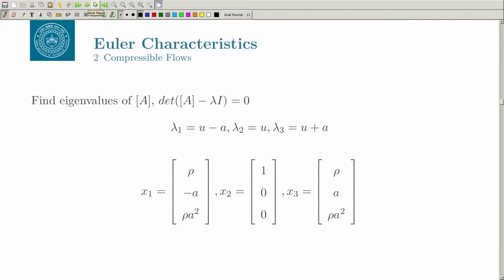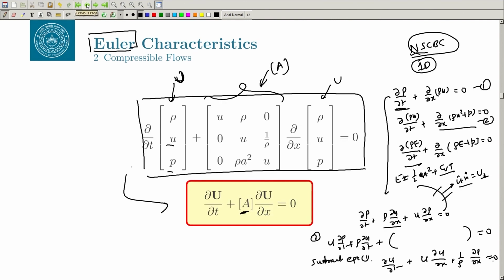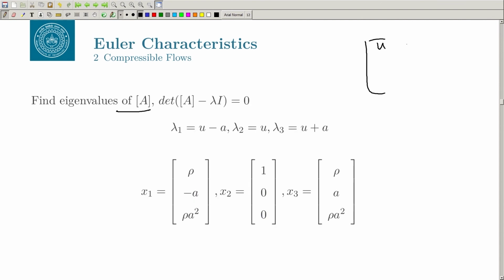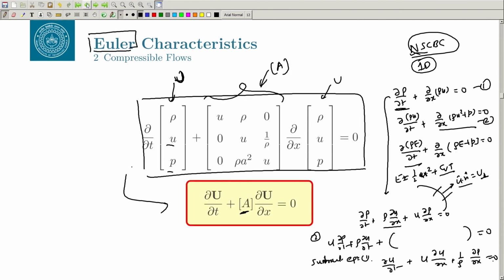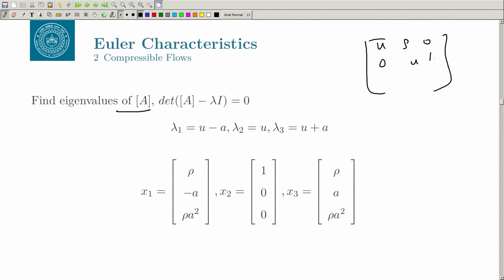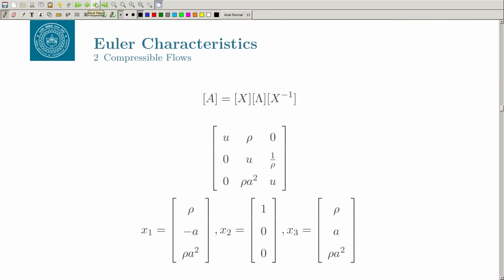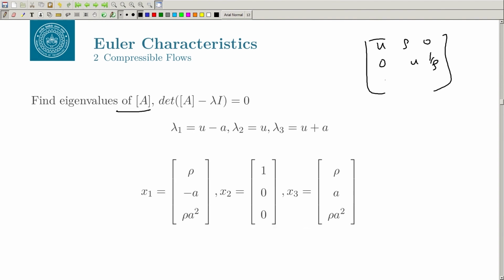and if you want to get the characteristics, what you need to do is find the eigenvalues of this matrix A, right. So, your A matrix is given as: u ρ 0, u 1/ρ, and 0 ρa² u, right, and you want to do A minus λI equal to 0, and then you have to take the determinant of this.